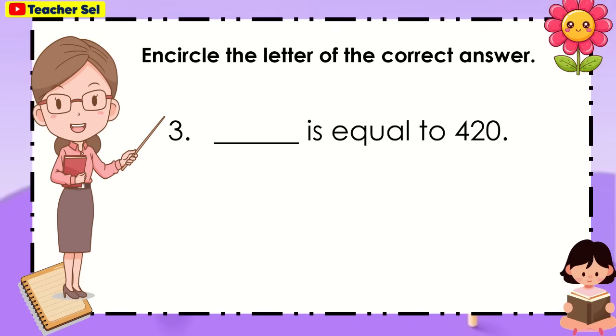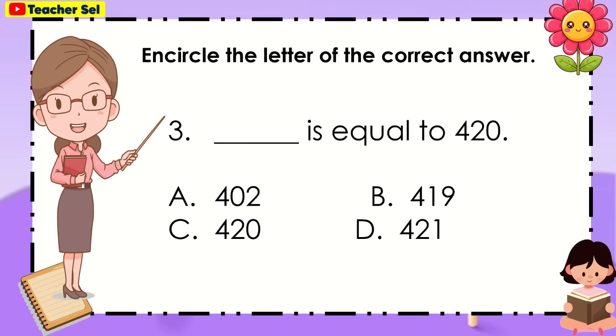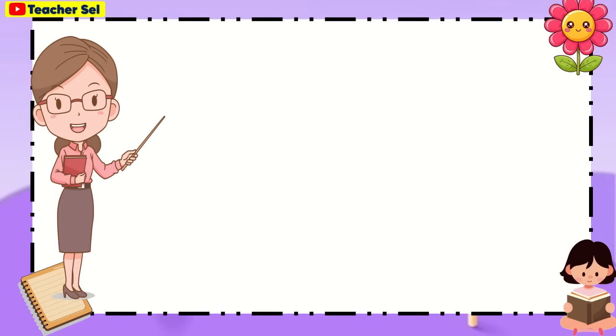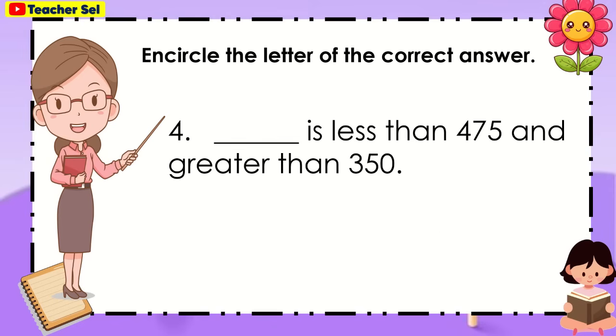For number 3, blank is equal to 420. A. 402, B. 419, C. 420, D. 421. Very good. The correct answer is letter C, 420. Next, number 4. Blank is less than 475 and greater than 350.